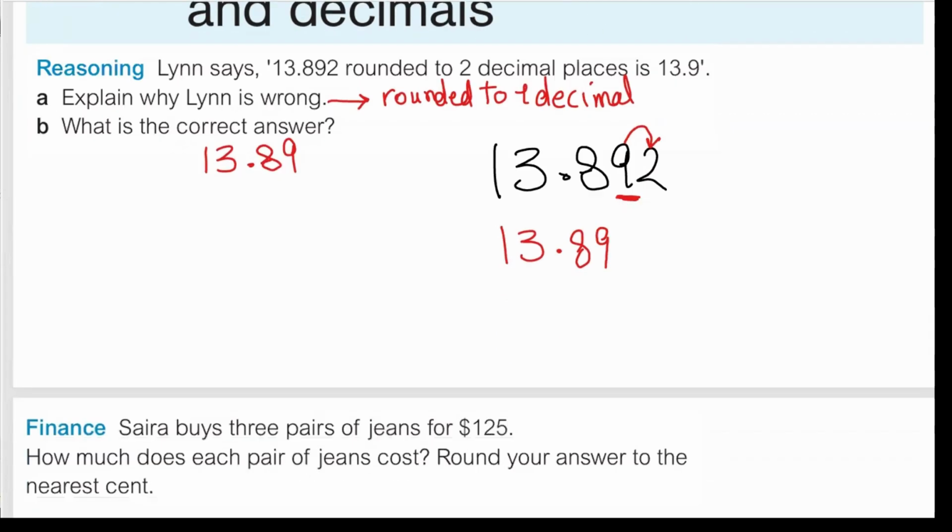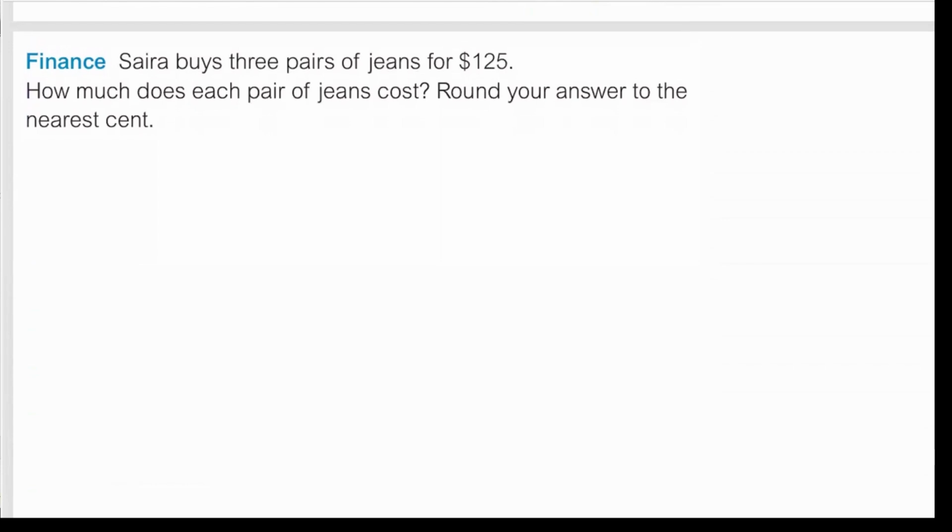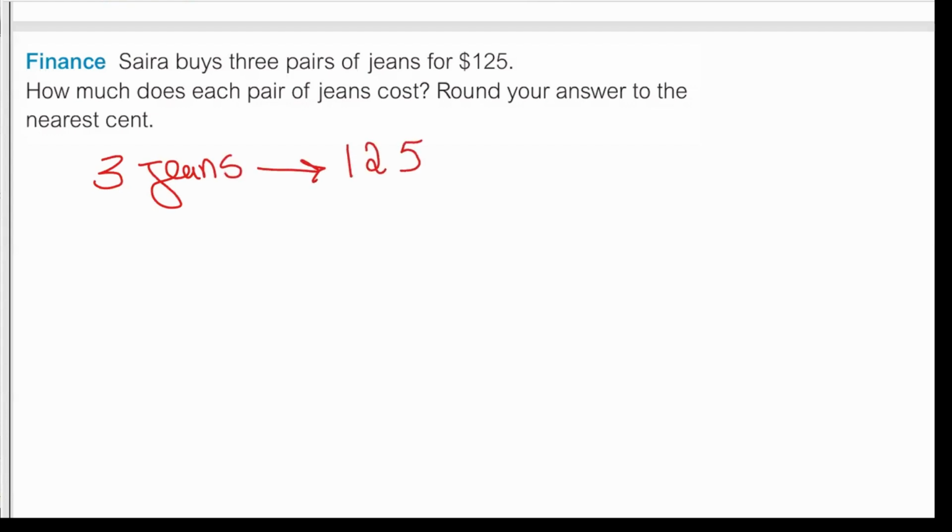13.89. Next question. Syra buys 3 pairs of jeans for $125. How much does each cost? Round to the nearest cent. So I'll do 125 divided by 3.